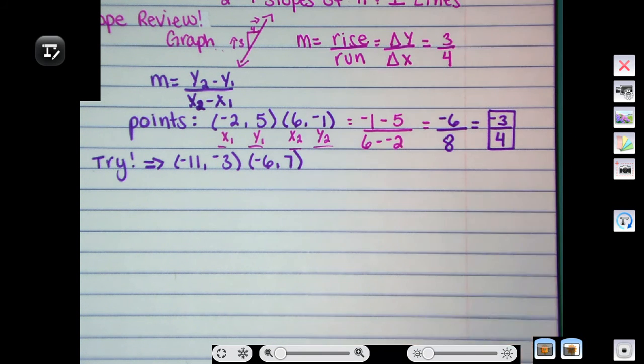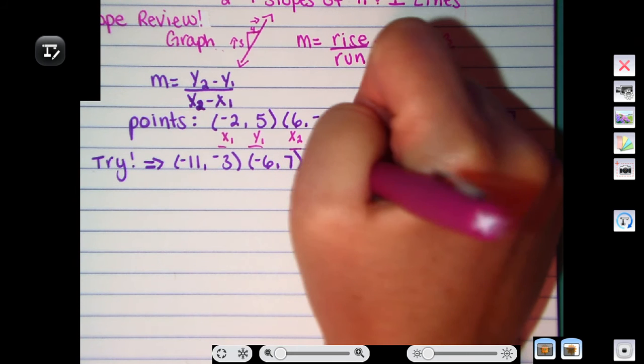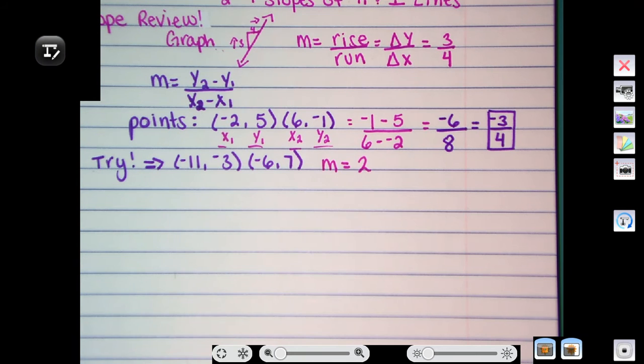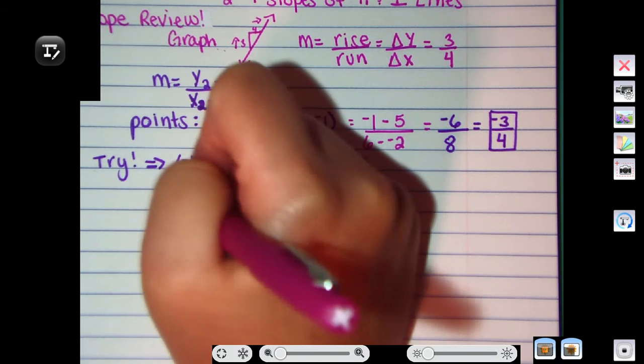All right, so what did you get for your answer? What you should have gotten was 2. If you didn't get 2, I'm going to put my work here real quick so that you can see how I got that.